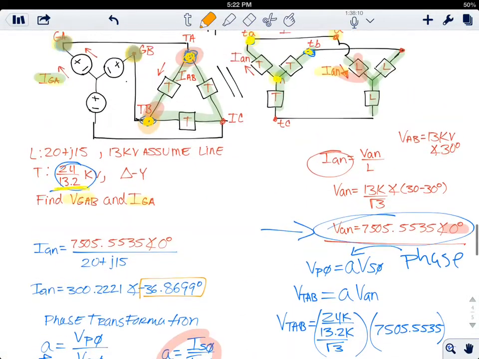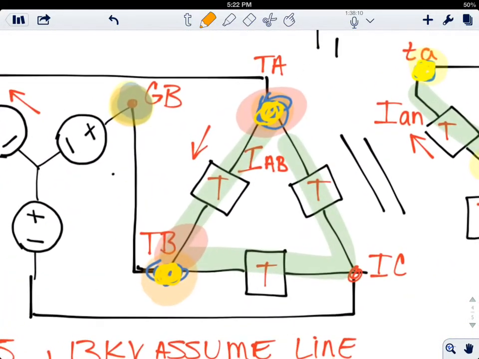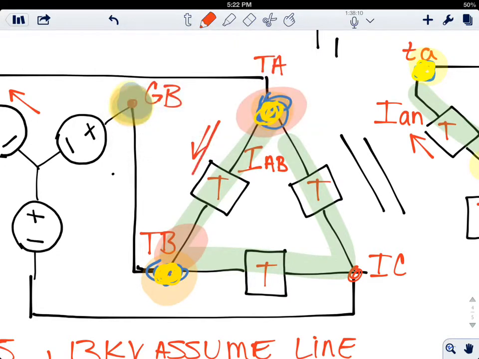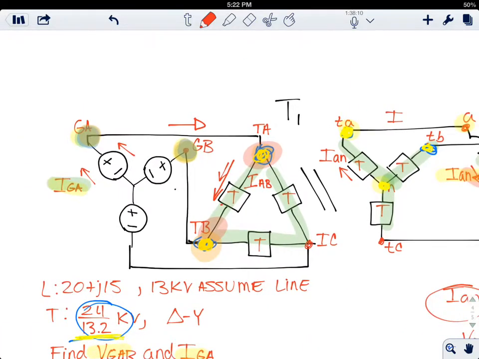But it's not the same for the current. The current in the phase is not the current in this line here, and it's not this current either.